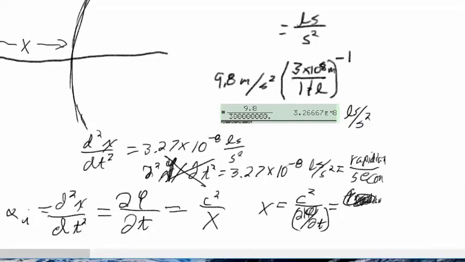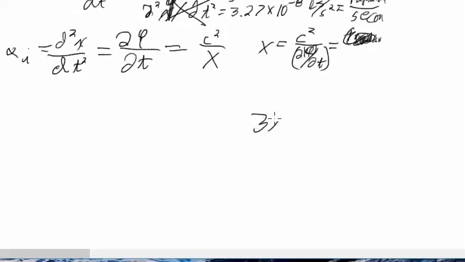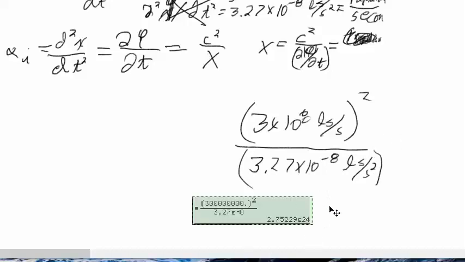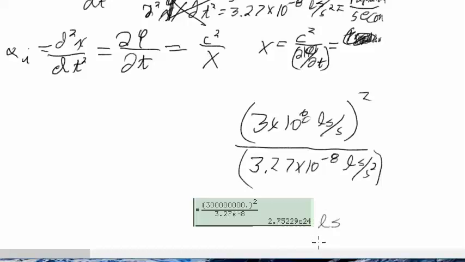Okay, it's going to be 3 times 10 to the 8th light seconds per second squared, divided by, and instead of using rapidians per second for this, we'll use light seconds per second squared for this, 3.27 times 10 to the negative 8th light seconds per second squared, which will end up with, I came up with 2.75 times 10 to the 24th, and that would come out in light seconds, but I don't like that answer because it doesn't look familiar to me.